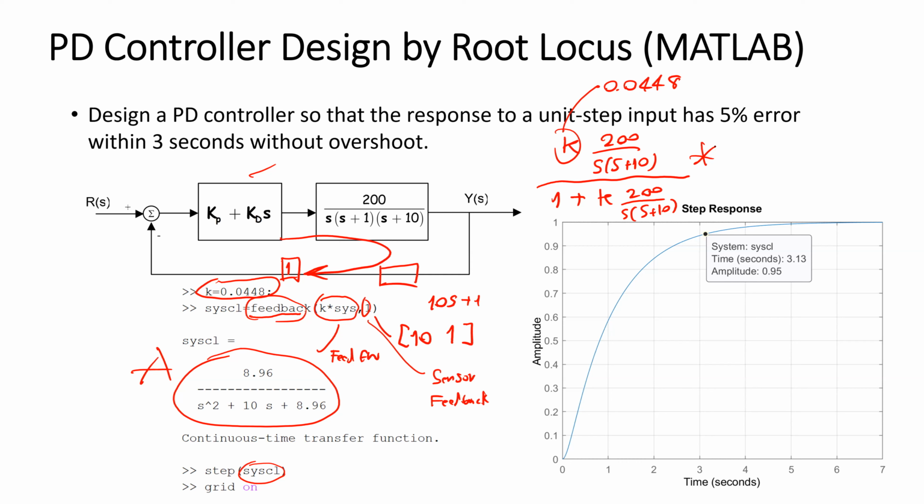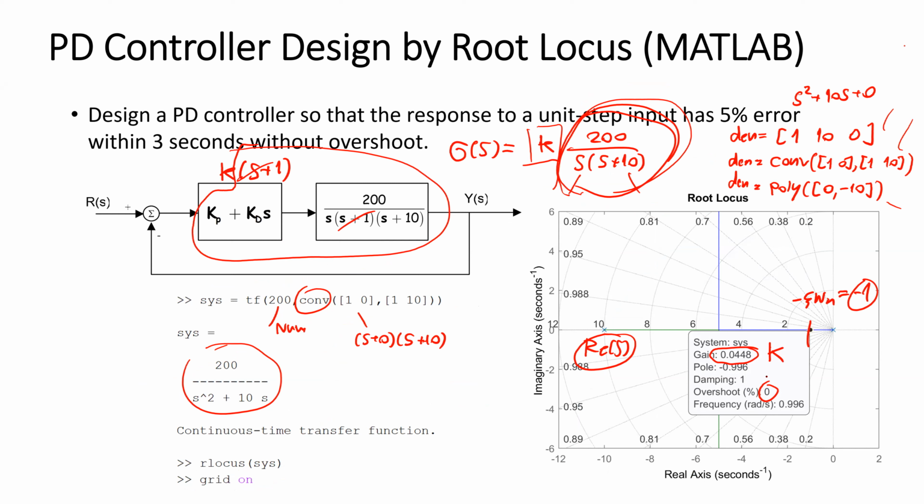And when I use step, we found the time that it approached 5% of error. Actually, we want it to be faster than 3 seconds. But when I pick the pole here, it is still less than 1, which means it's still slower than the requirement.